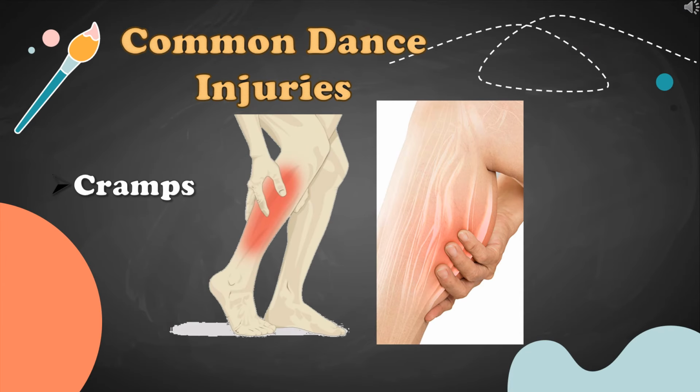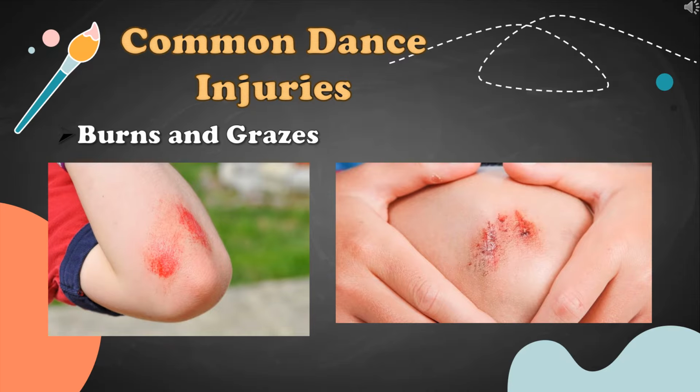They also get muscle cramps, but this usually happens when they do not do stretching exercises before they start. And lastly, they get burns and grazes because of little accidents during the dancing activities which cannot be avoided sometimes.